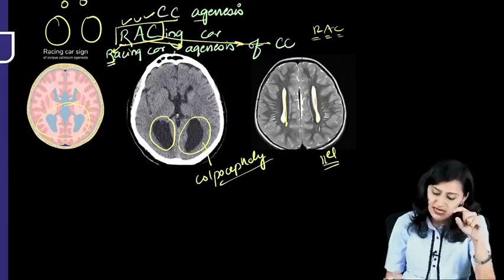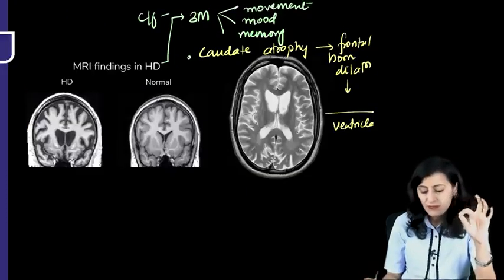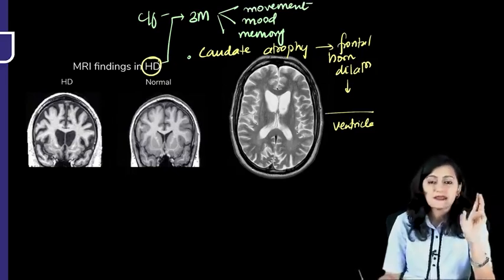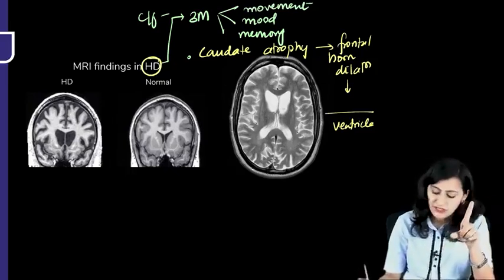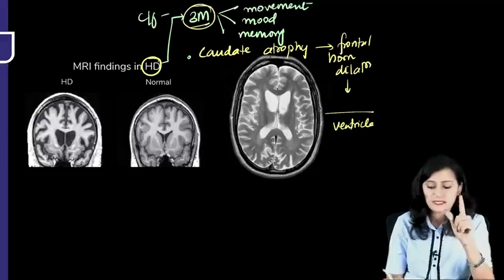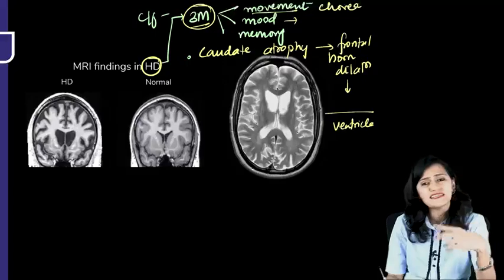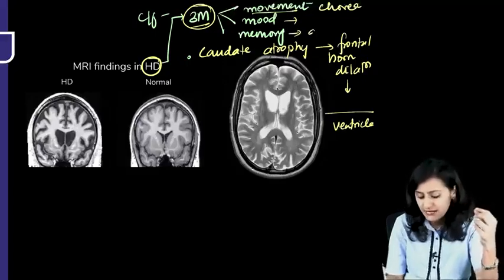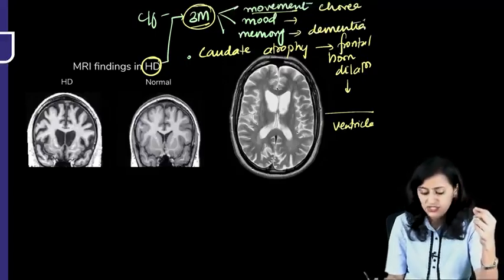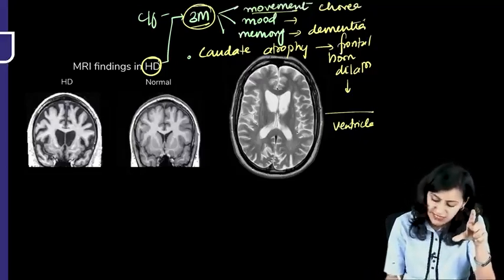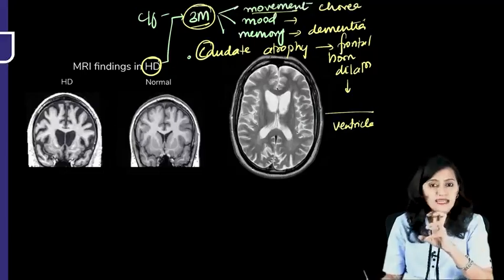Where do you see boxcar lateral ventricles? So remember that boxcar is seen in Huntington's disease, Huntington's chorea. So what are the features? Clinical features are the 3 M's. Abnormal movement, there is chorea. Mood abnormality, irritable, aggressive patient. And memory affected, there is dementia. So in Huntington's chorea, which basal ganglia is gone? Remember, C for C. It is caudate atrophy.